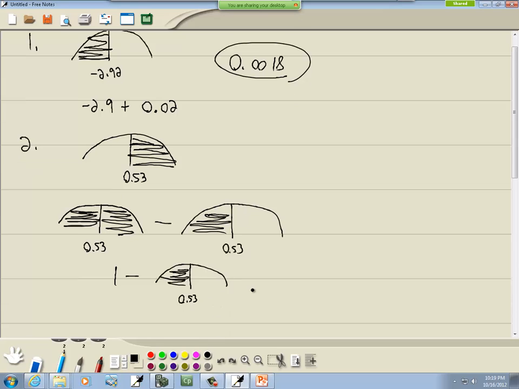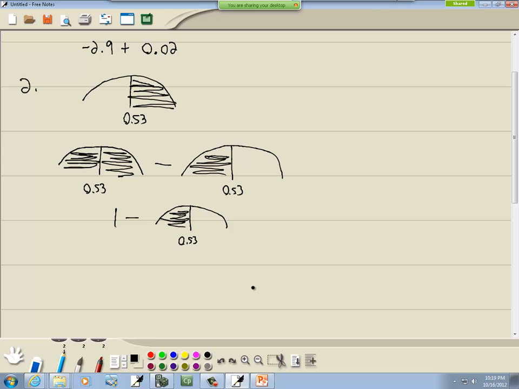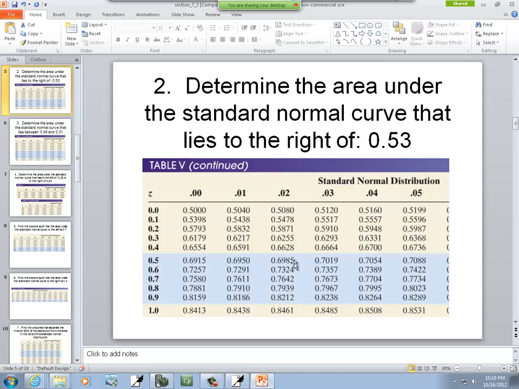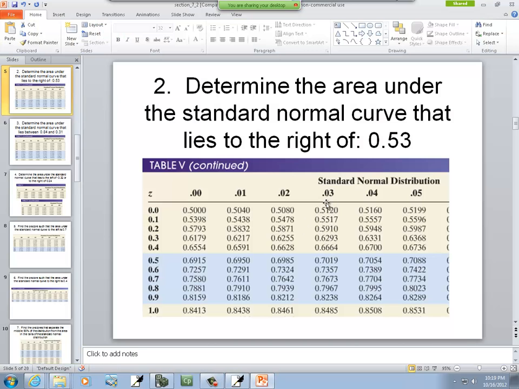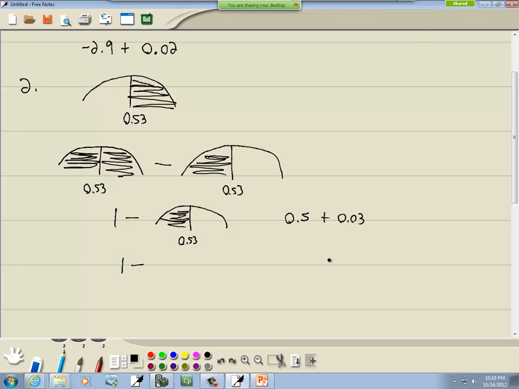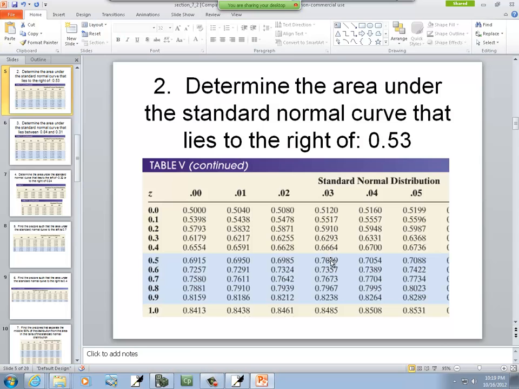Well, let's look this up in our table. If I were to split this up, I'd have 0.5, and then the hundredths place would be 0.03. So I come over here, I'm looking for 0.5 on the left side, which is right there, and our hundredths is 0.03, which is this column. So I'm looking up the intersection of the 0.5 and the 0.03.